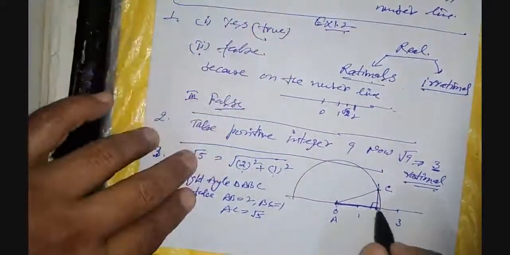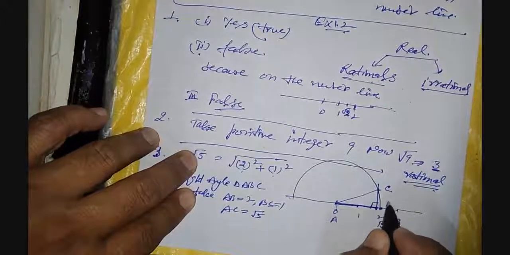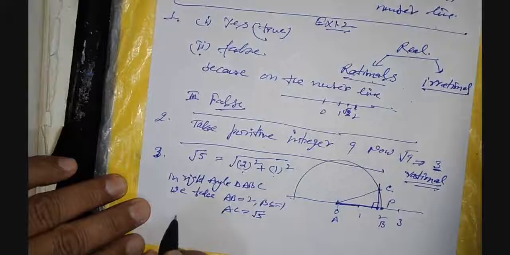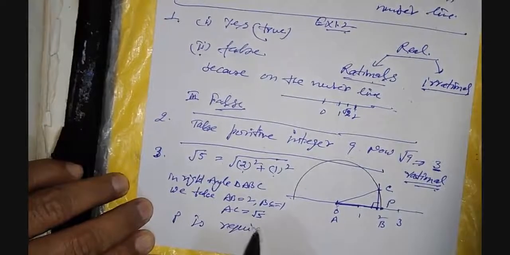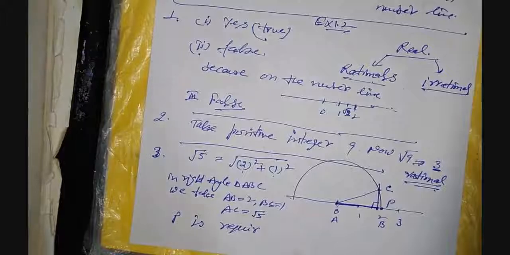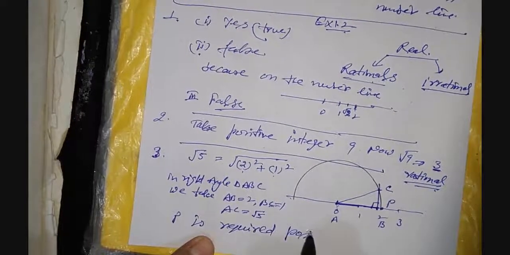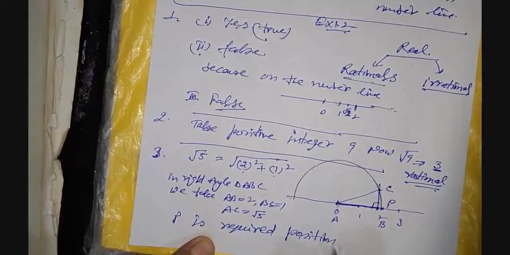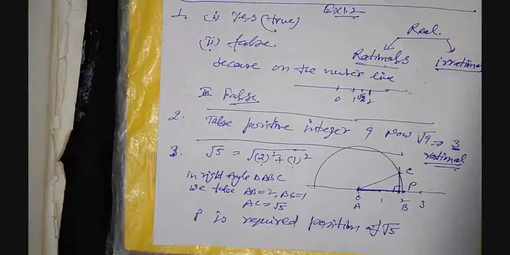So the position of this is P, and we can say that P is the required position of root 5.